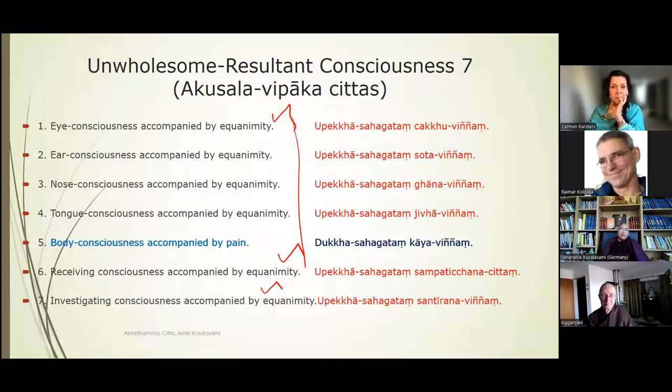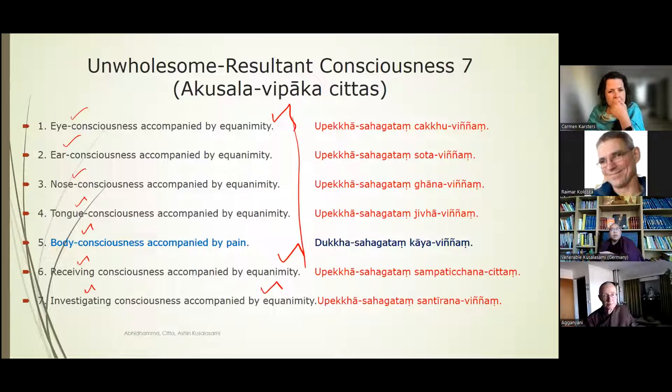Okay, so here, as the first step, I want to introduce only these seven kinds. The first, eye consciousness, ear consciousness, nose consciousness, tongue consciousness, body consciousness, receiving consciousness, and investigating consciousness.